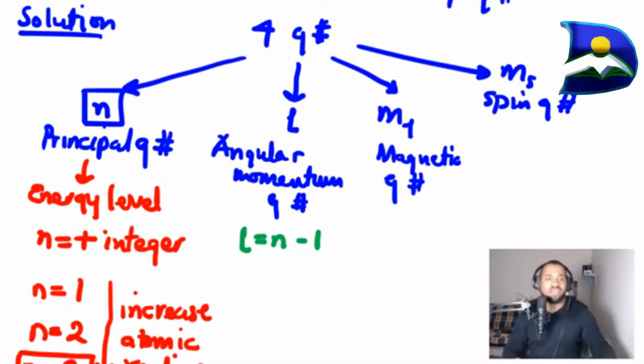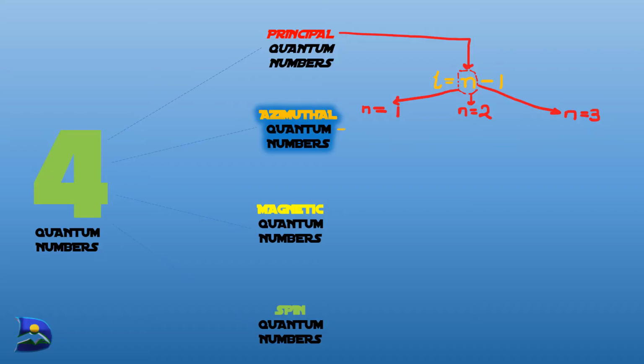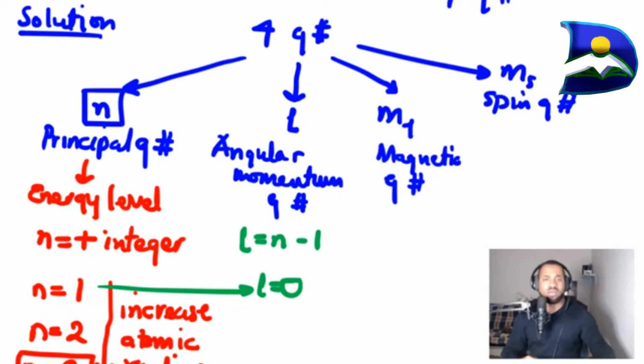So where n is equal to 1, what is L? L in this case is equal to 0, which means the shape of that orbital is s, which is spherical.